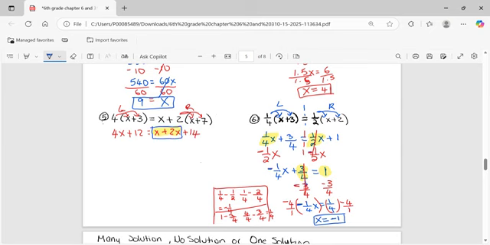I put a box around them when they're on the same side of the equal sign. So my next step will be 4x plus 12, and that is equal to 3x plus 14.